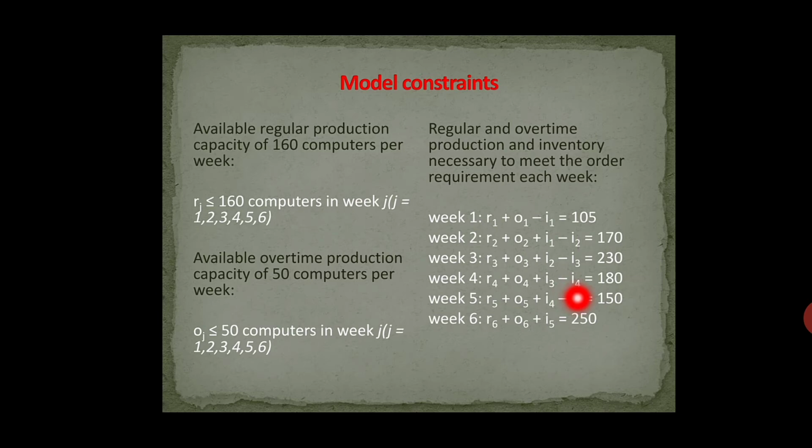For example, 105 computers have been ordered in week 1. R sub j and O sub j will meet this order, whereas any extra production that might be needed in a future week to meet an order, I sub j, is subtracted because it does not go to meet the order.